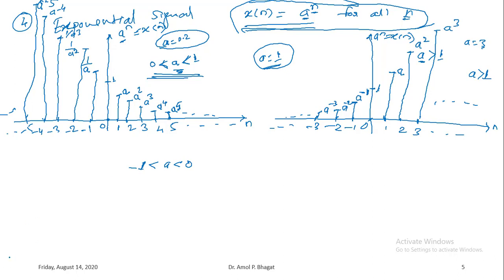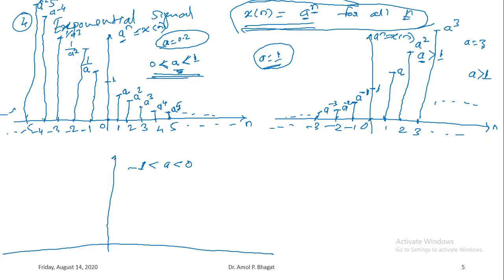It means the value of a can be minus 0.2, minus 0.4, minus 0.87, minus 0.97, minus 0.99, minus 0.465. Likewise, any value within this range can be assigned to the value of a.